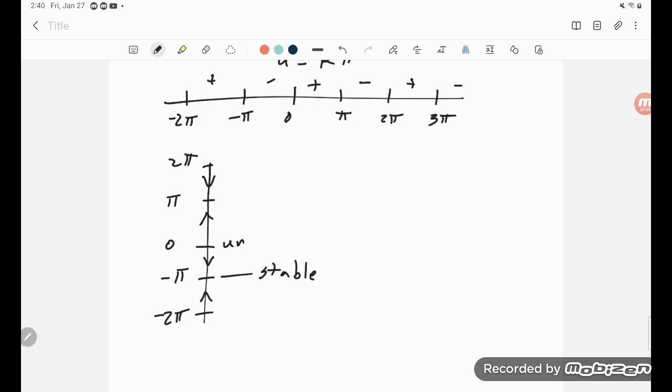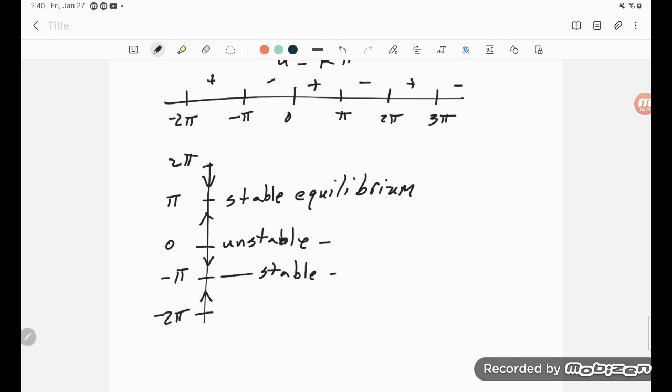This is unstable. And we would see a pattern here, that all the odd multiples of pi are stable equilibrium, or fixed points. Stable equilibrium, or unstable here, or stable. And so we could see that pattern.